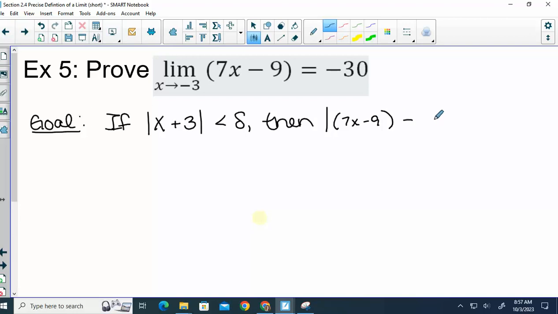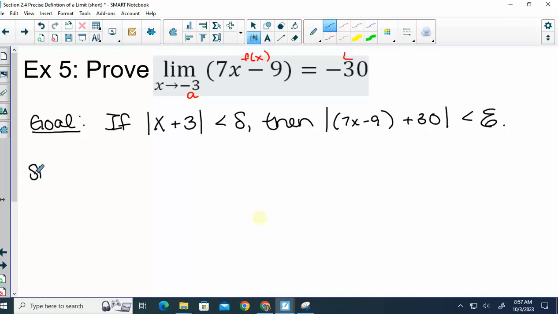Minus L plus 30 is less than epsilon. So can everybody write this goal statement? We're just looking, the a is this number, this is our f of x, this is our f.